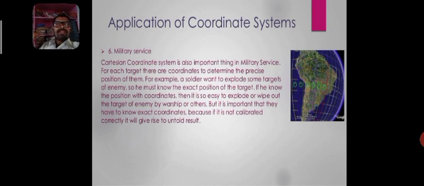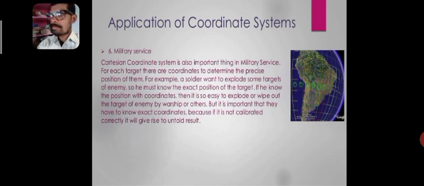If you know the position with coordinates, then it is very easy to wipe out the target of the enemy by warship or others. But they have to know the exact geographical coordinates, because if it is not calibrated correctly, it will give an untoward result. That means it will be missed.